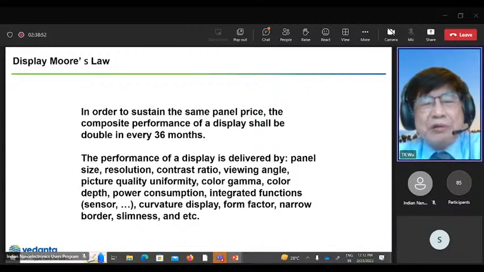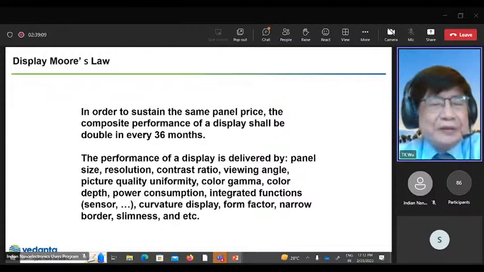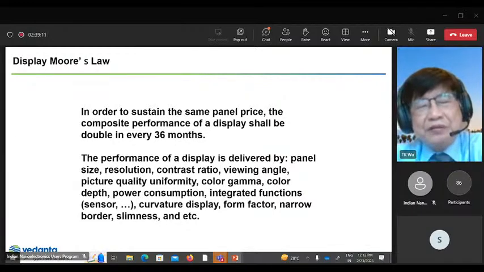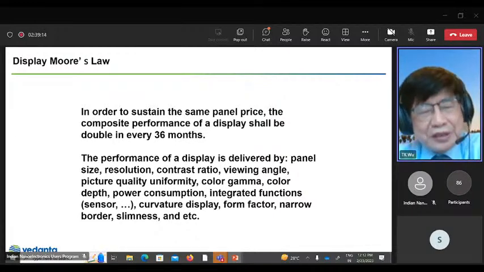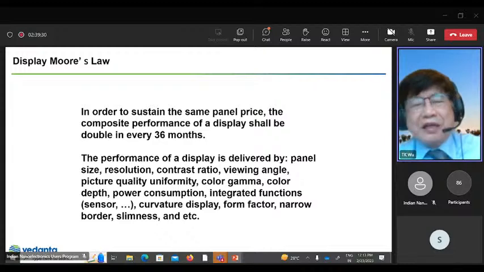Also resolution, contrast ratio, view angle, picture quality, uniformity, color gamma, color depth, power consumption, integrated function, for example sensors, curved display, form factor, narrow border, slimness, etc. If we not only change the panel size but make the color even more beautiful, we can create another value for the display to sustain the price. Okay, next one, please.